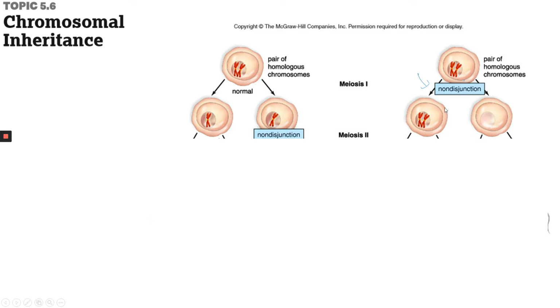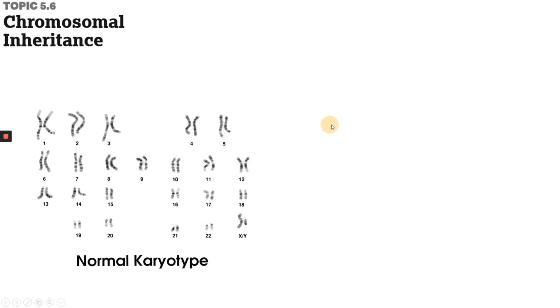And if it occurs in meiosis 1, this is kind of what you end up with over here. A cell with an extra chromosome, and a cell over here that lacks a certain chromosome. Keep in mind this is a very simple system because we're just dealing with a pair, or two chromosomes that are homologous, right? On the left side here, we have a non-disjunction event occurring during meiosis 2.